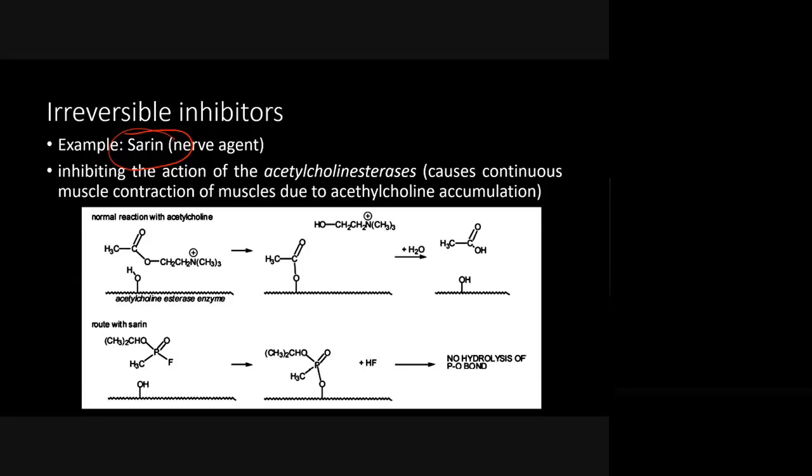Normally you have acetylcholine, and this enzyme is able to catalyze the hydrolysis of the ester in acetylcholine. But sarin is able to fool the enzyme, and you will form a permanent covalent bond with the enzyme. So the enzyme will be blocked. It cannot perform its function to catalyze the molecule.